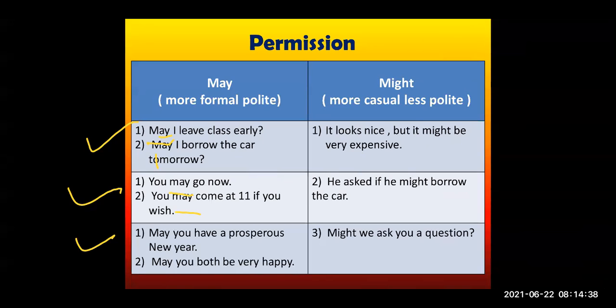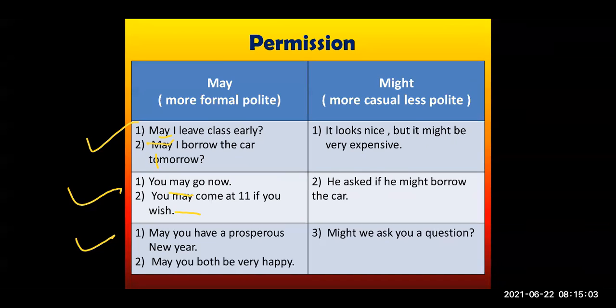First, in the first example, we used the modal auxiliary may to ask for permission. Second, to give permission, and third, to express a wish. So may functions as a permission for more formal, polite.